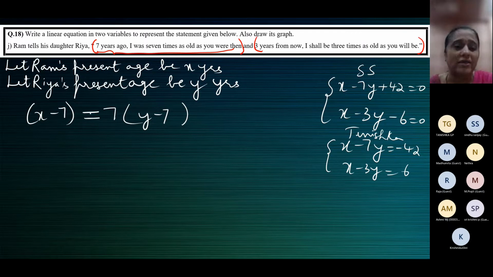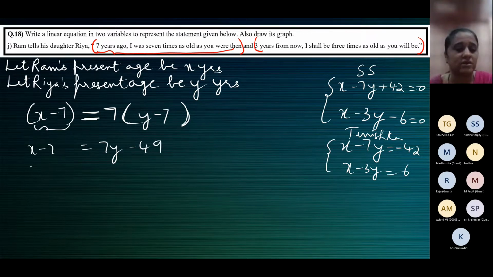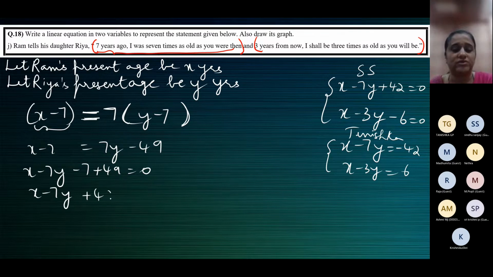So X minus 7 is equal to 7 times Ria's age, 7 times Y minus 7. So X minus 7 is equal to 7y minus 49. X minus 7y plus 42 is equal to 0.